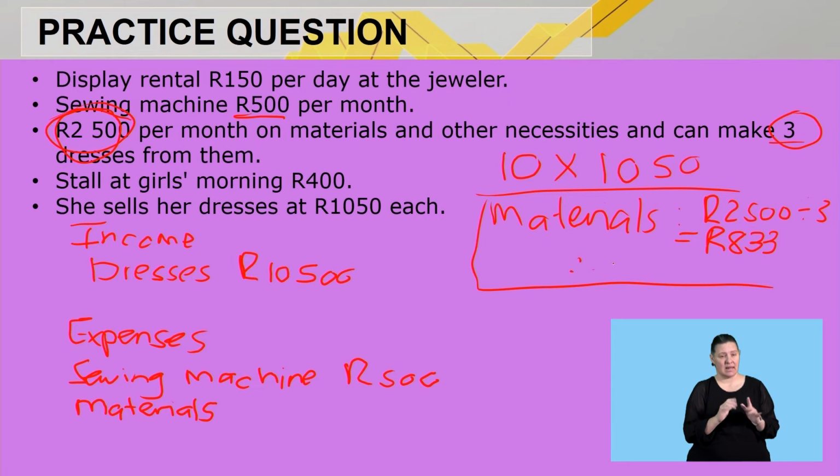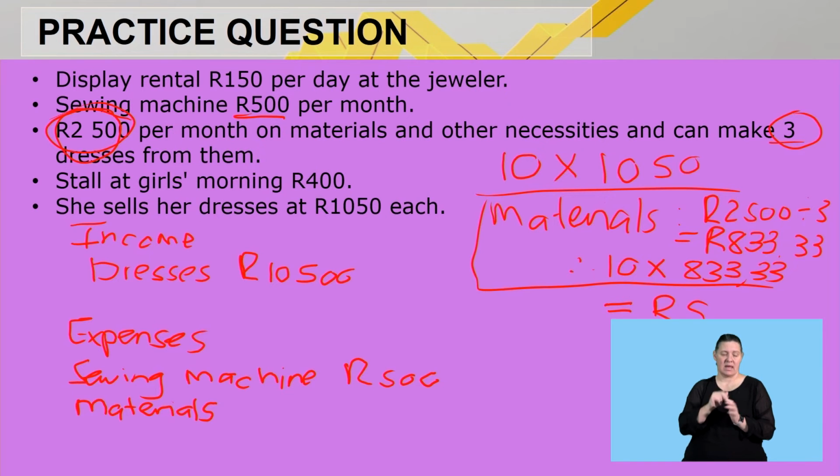So for the 10 dresses, it is going to be 8,333 Rand 33. But let's work with a round number, 8,333 Rand.